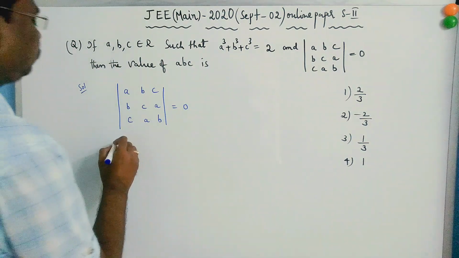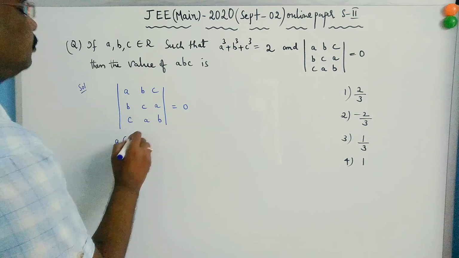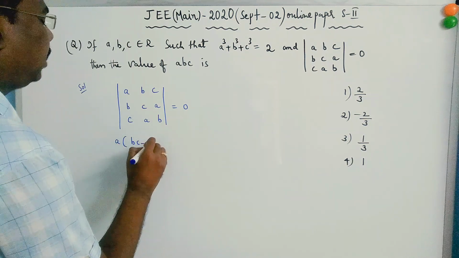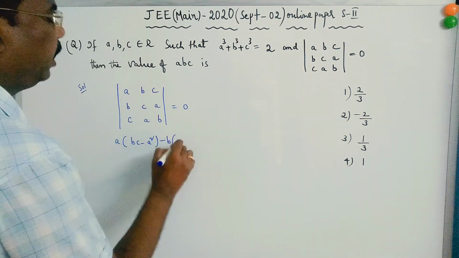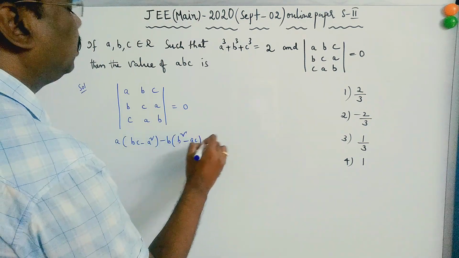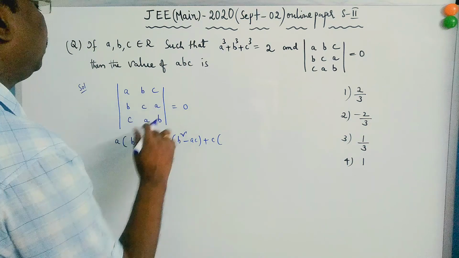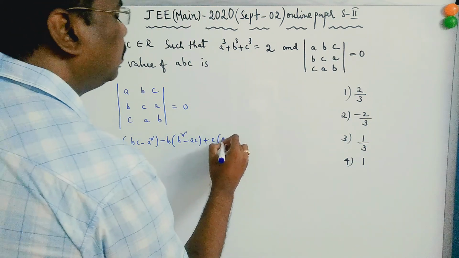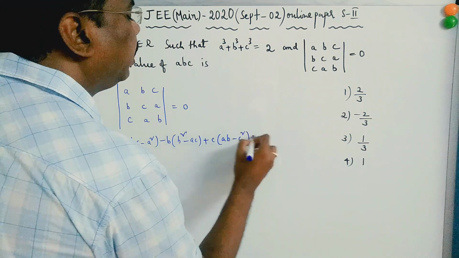Find the determinant. Now a into bc minus a square, minus b into b square minus ac, plus c into ab minus c square equal to 0.